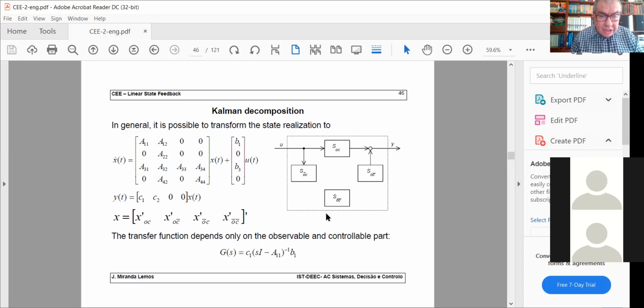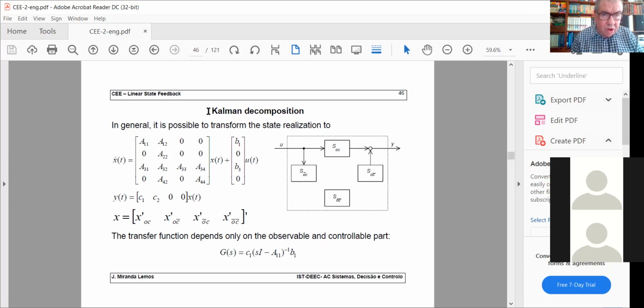And one part which is neither controllable nor observable. Of course, you can have systems in which everything is observable and controllable, or nothing is, and so on. So the four blocks need not appear in all systems, but in general, these are the four possibilities that appear. Okay, and the transfer function depends only on the block which is observable and controllable, so it corresponds just to this A11 block here.